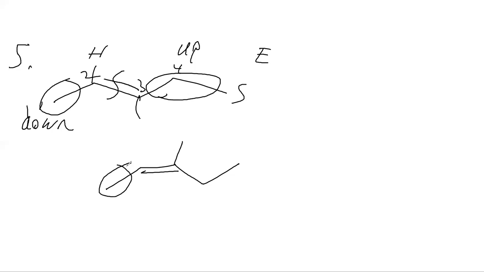And now both of those are facing the same direction, so this would be Z. So you just go from making it look like it's normal to putting a bit of a kink where the double bond is. And that'll flip the stereochemistry. That's more or less what I would do. It's the same as if you're doing R and S, just flip the dash to a wedge. It's the same idea.